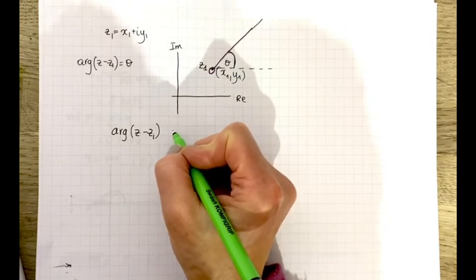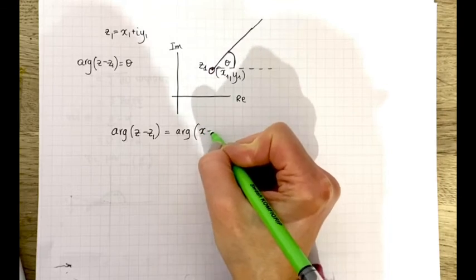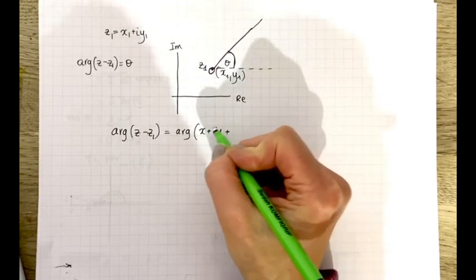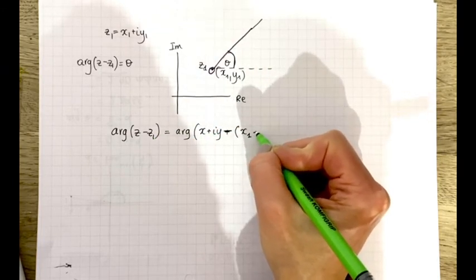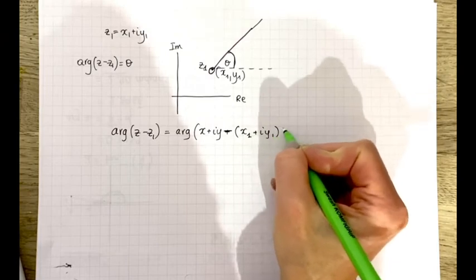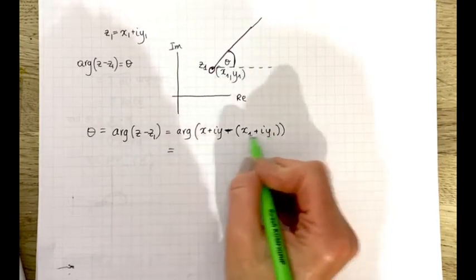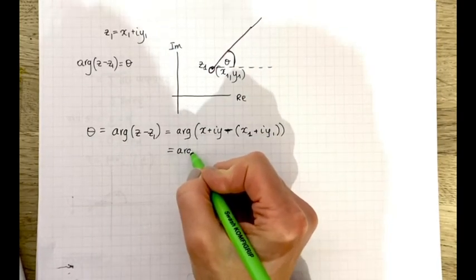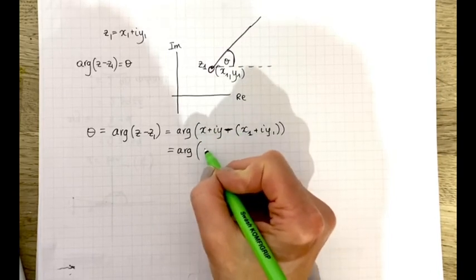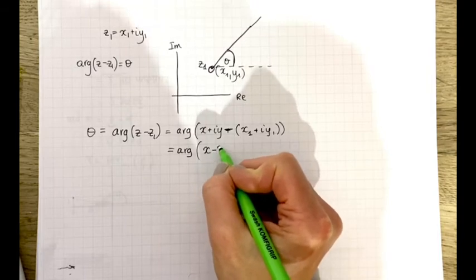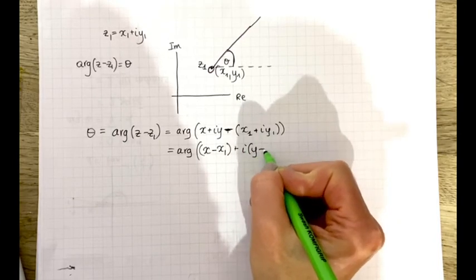That can be written as argument of x plus iy, remember z is x plus iy, minus z1, which is x1 plus iy1. So this argument is equal to theta, but let's just see what it looks like. We're talking about the argument of the following complex number. If you put together the real parts, it will become x minus x1, and the imaginary part is y minus y1.